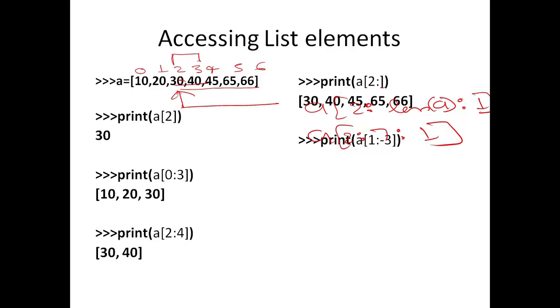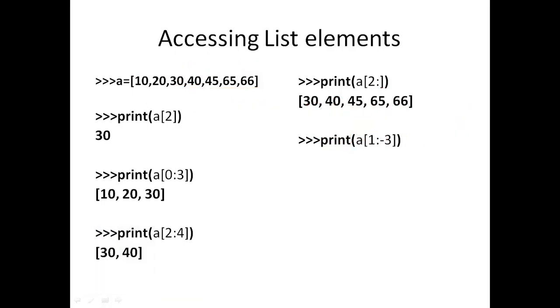Similarly, we can use positive and negative indexes by combining them in a slicing operator. The start value here is 1, the end value is -3, and the default step value is +1. The step value tells us in which direction we have to go. A +1 value says we have to go to the right side, and -1 shows we have to go to the left side.